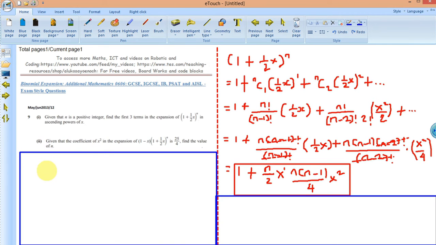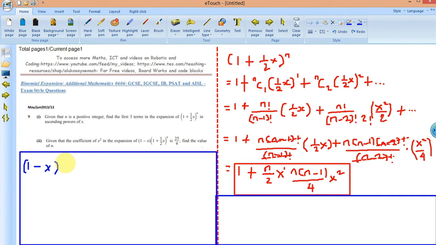So what I have now is 1 minus x, into this one here, 1 plus n over 2 x. I don't know if I should open up now.